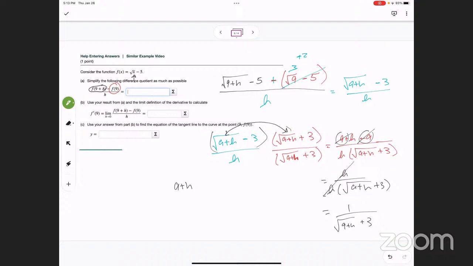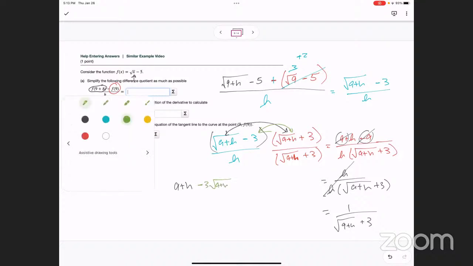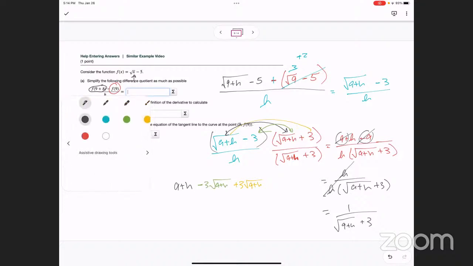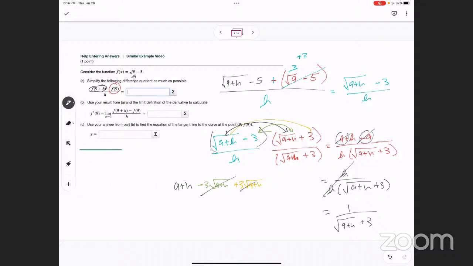This will give you -3 times the square root of 9 plus h. This here will give you +3 times the square root of 9. And then those cancel out, and that's always going to happen when you multiply by a conjugate. And then last, -3 times +3 is -9.